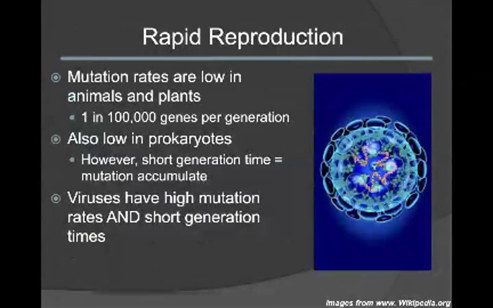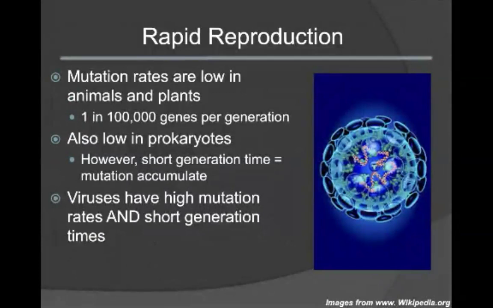An important aspect to consider when looking at the genetic variability of the population is the complexity of the genome in combination with how fast those individuals reproduce. In general, mutation rates are quite low in animals and plants, with 1 in every 100,000 genes per generation having a mutation. It is also considered low in many prokaryotic cells.